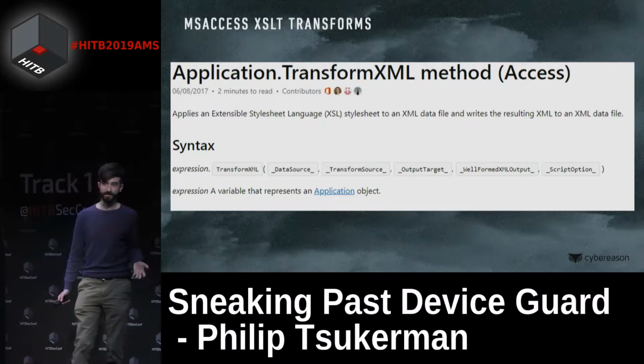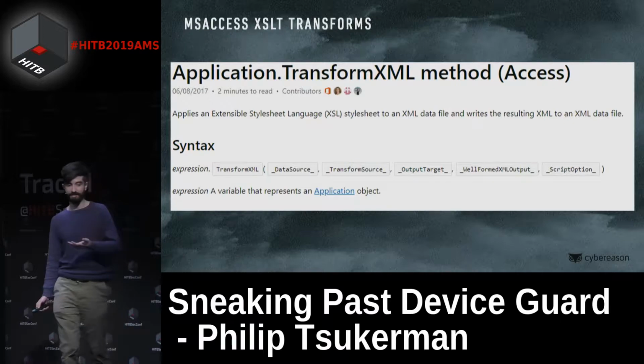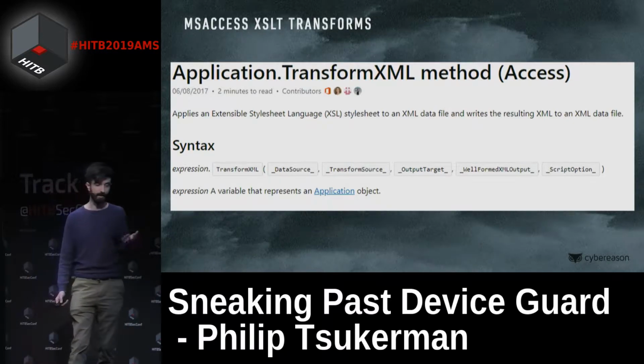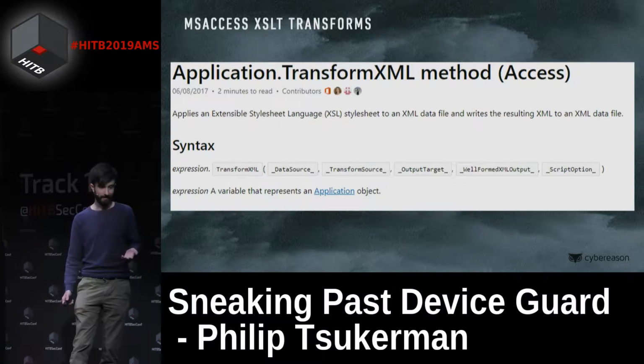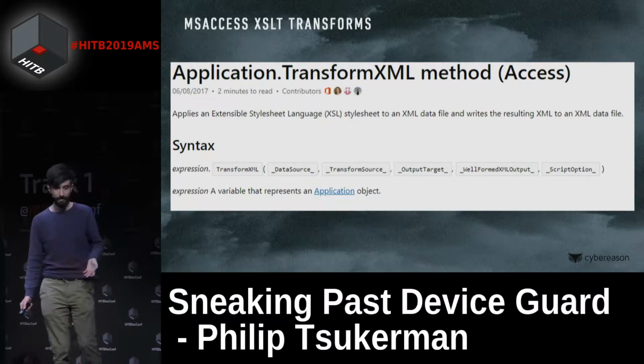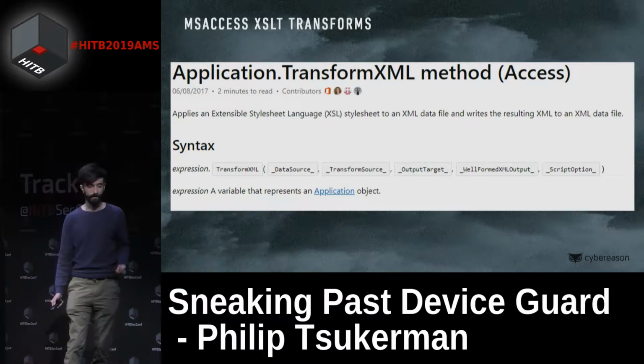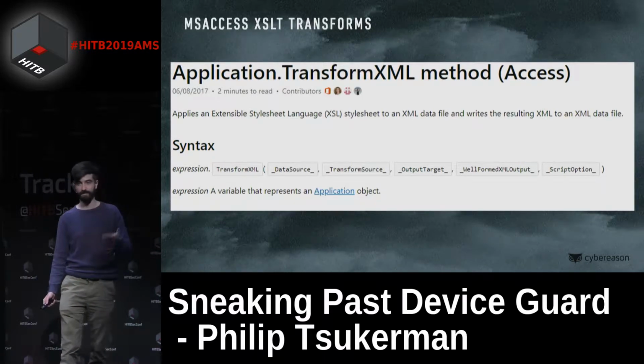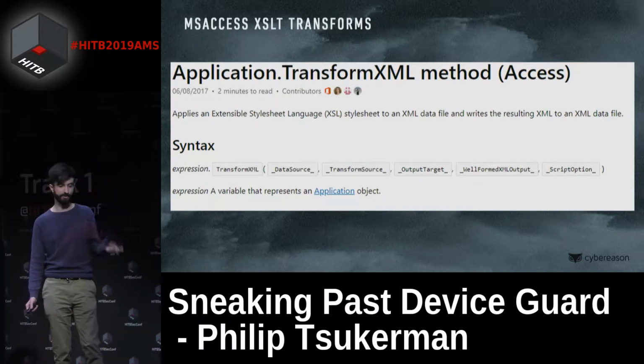The Microsoft Access COM object has this nice TransformXML method that basically allows you to just specify the name of a file, or actually even just a URL and a name of an XML file, and then apply your transform to whatever. So all you need to do is to access the COM object and run this method with your malicious XML file, with your malicious XSL file.